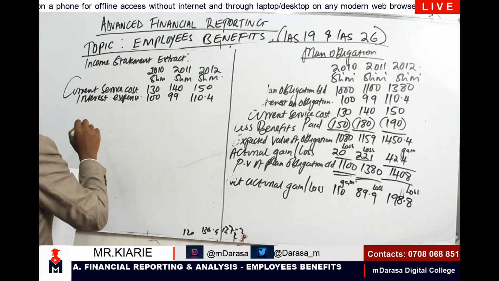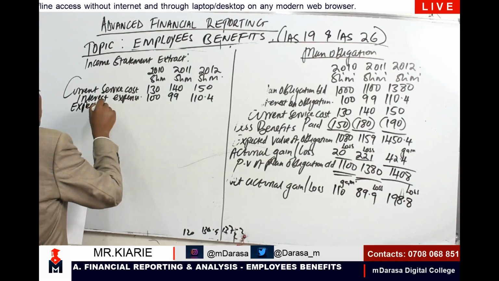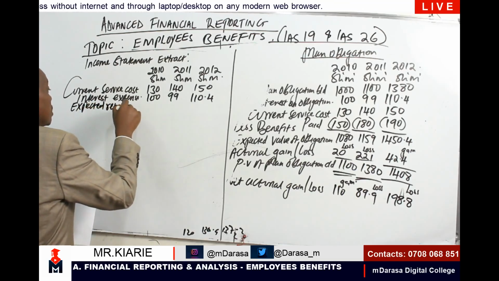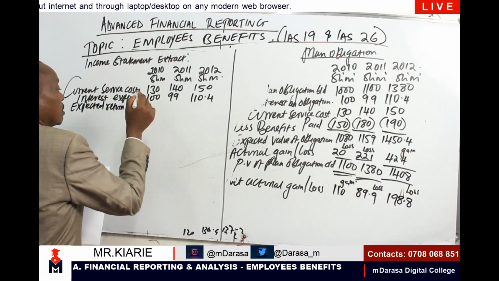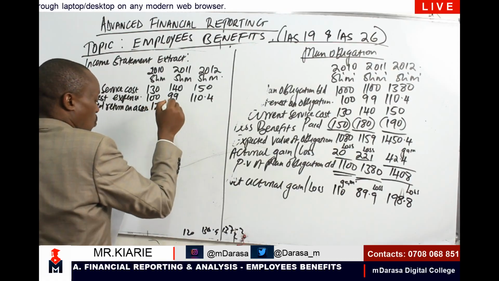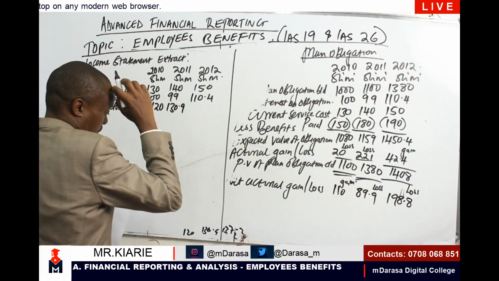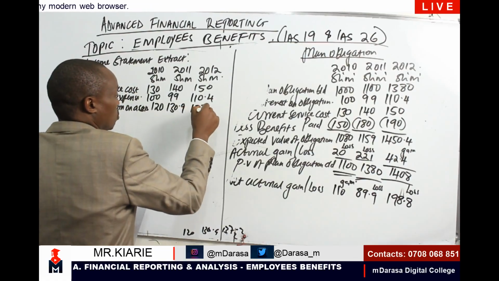Then we have expected return on assets. It was 120, 130.9, and 137.2.